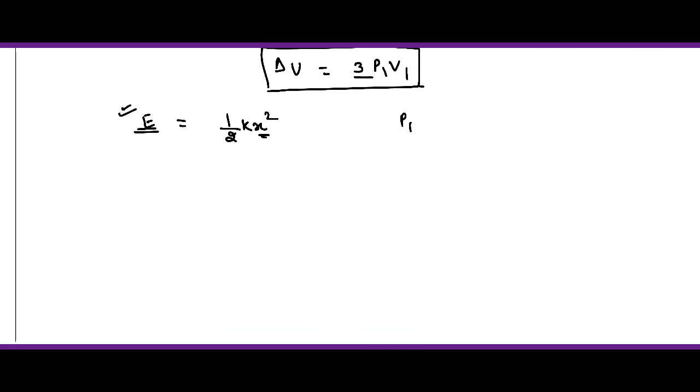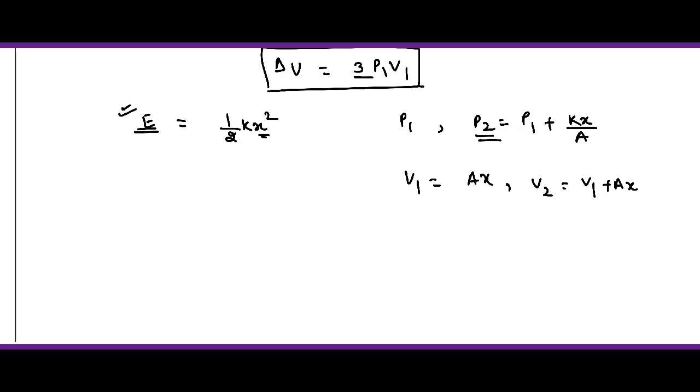So my initial pressure is P1 and my final pressure P2 is equal to P1 plus the pressure because of the spring, that is kx by A. This is my final pressure. Similarly, my V1 is given by the area into displacement, so V1 is Ax, and my V2 is equal to V1 plus Ax.